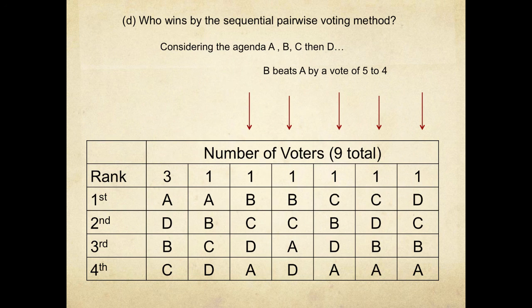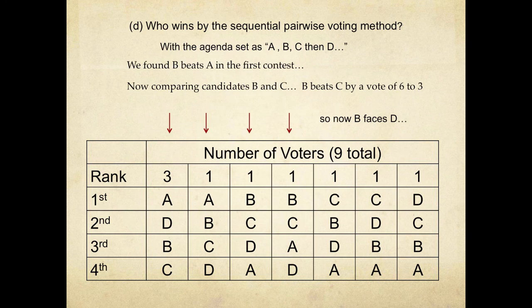So that winner of that contest moves on to face the next candidate, C. So we've got B and C, and if we compare B and C, B is winning in these particular columns. You've got 6 voters here, right? 3 in the first column plus 3 more, where B is ranked higher than C. So if it was just B versus C, B wins in that contest.